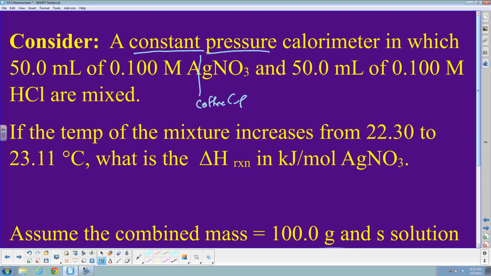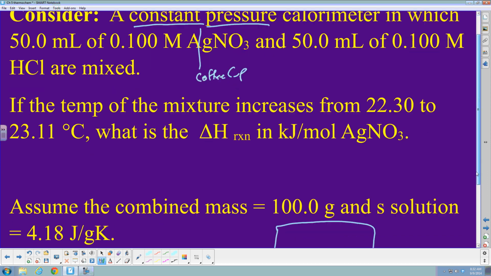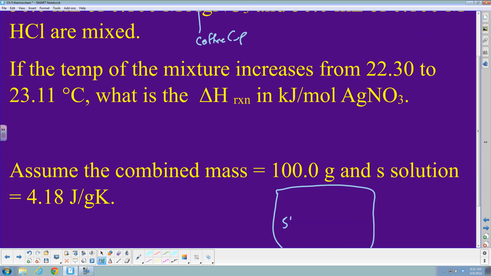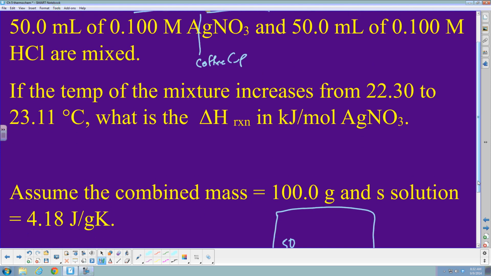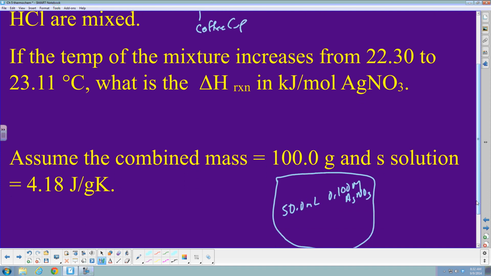Okay, good. So I have 50 mils. How many sig figs do I have in that? 3. 50 milliliters of 0.100 molar silver nitrate. And I have 50 mils of 0.100 molar HCl, right?